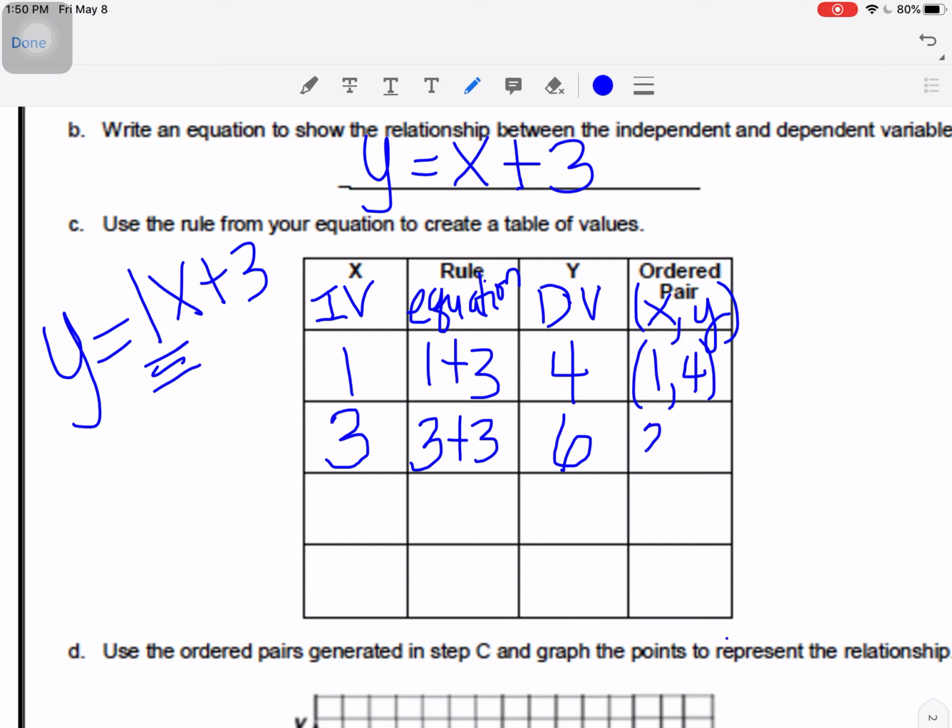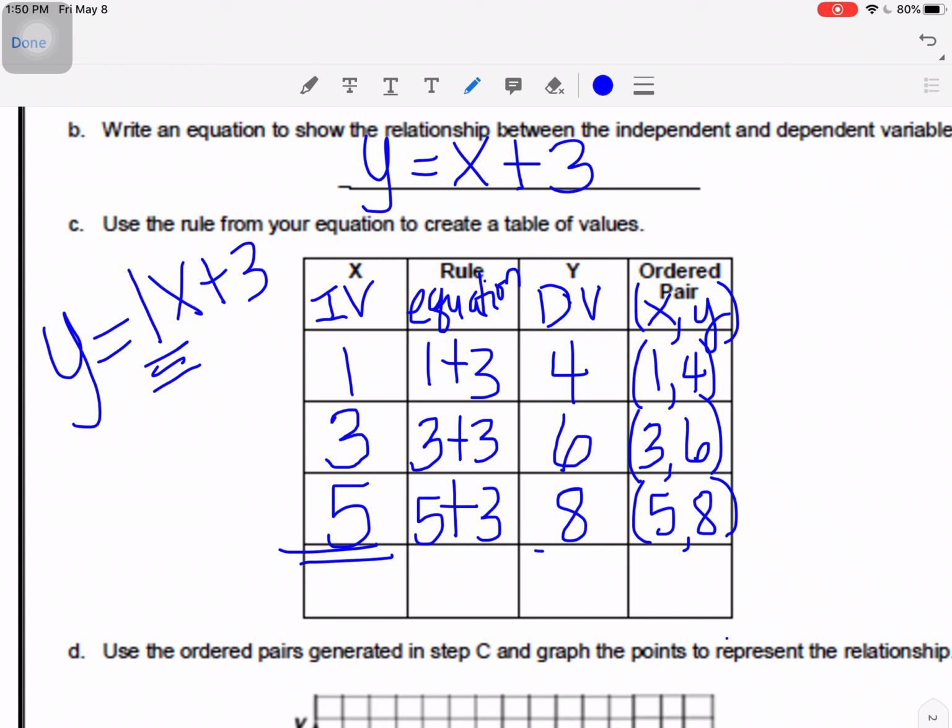So our coordinates will be 3, 6. Let's say we want to ride 5 rides. 5 rides, $1 each is $5 plus $3 admission, which gives us $8, which gives us the coordinates 5, 8. Notice 5, 8. X, Y. And then let's say we wanted to do 8 rides.